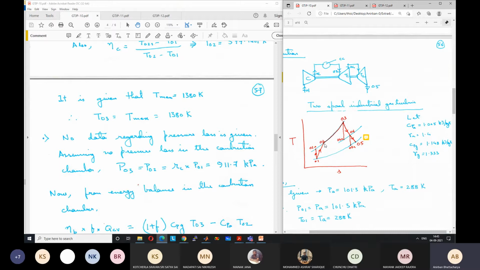If pressure loss is given, generally it is some percentage of the compressor outlet pressure, say 4% pressure loss occurs. In that case, P03 will be 0.96 into P02.